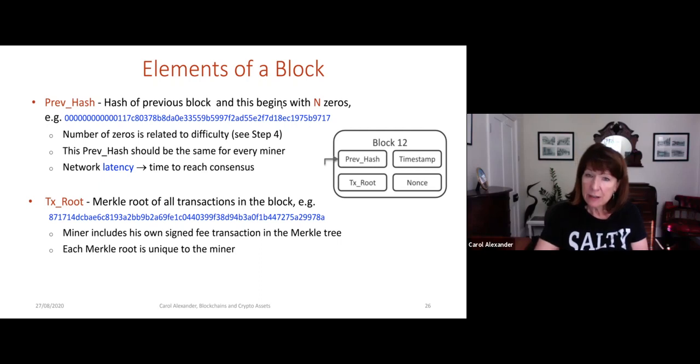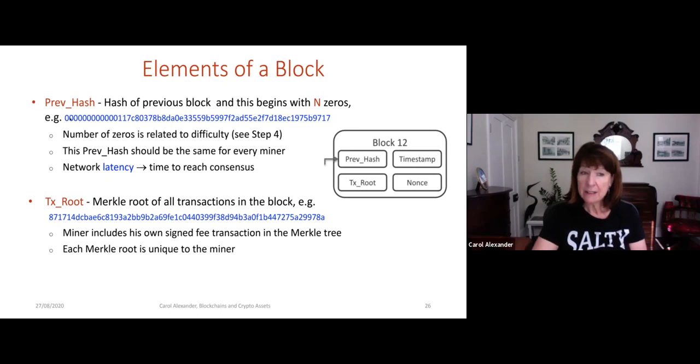So just looking more at the elements of a block, looking at the block header. The previous hash, transaction root and nonce gets hashed and passed on to the next block.